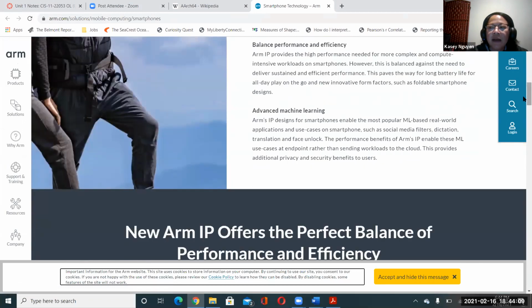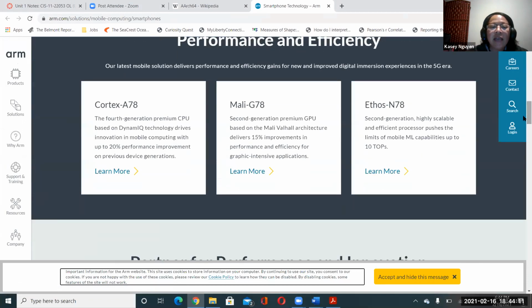Here it talks about the types, like the Cortex-A78. You should know that Apple uses ARM, but there are other companies that produce processors for Android phones that also use ARM. So there are different generations and different types. That's what you would see.